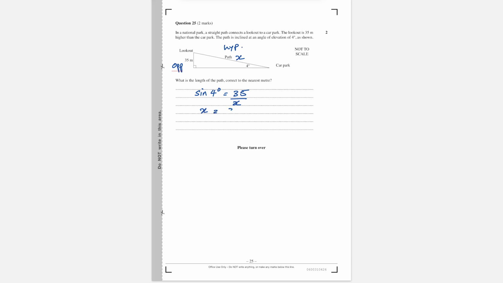X is equal to 35 divided by sine 4. So we plug that into our calculator and we get 35 divided by sine 4.